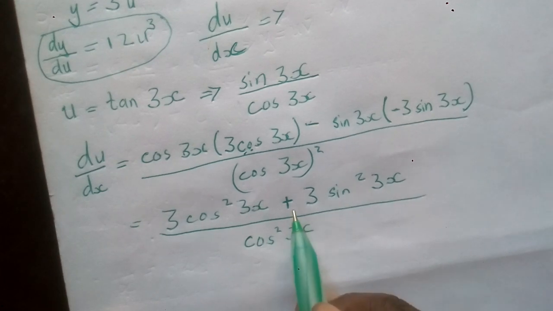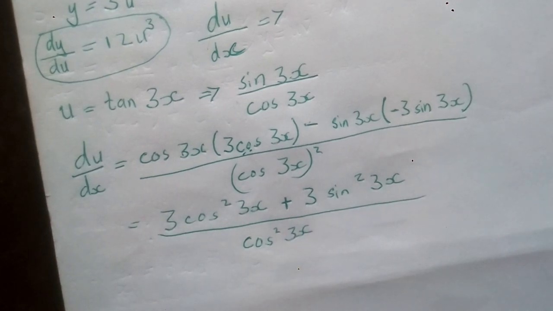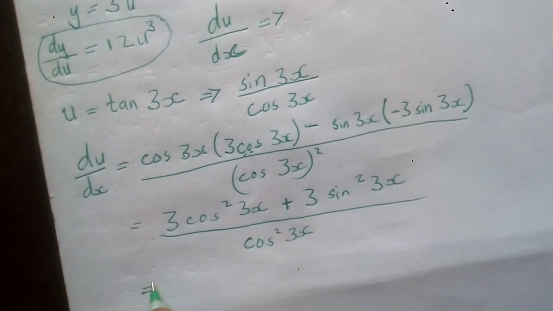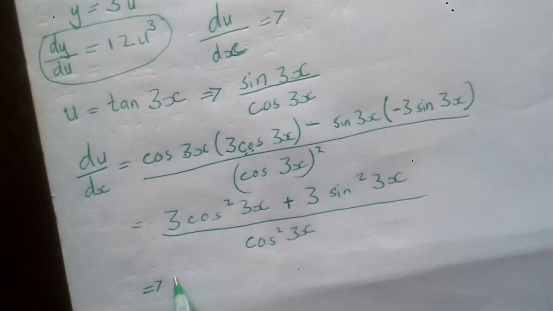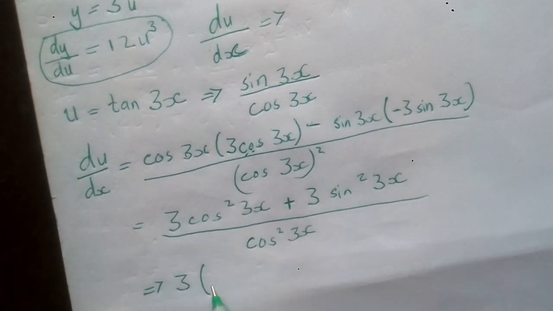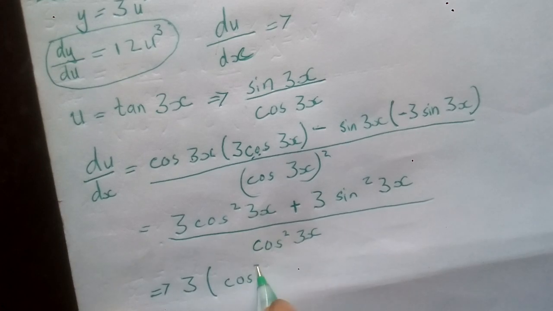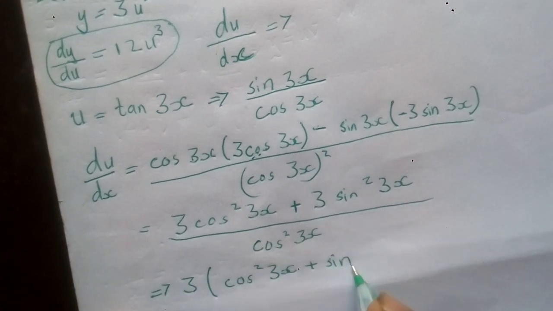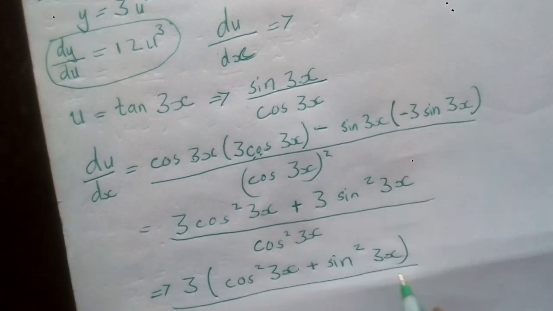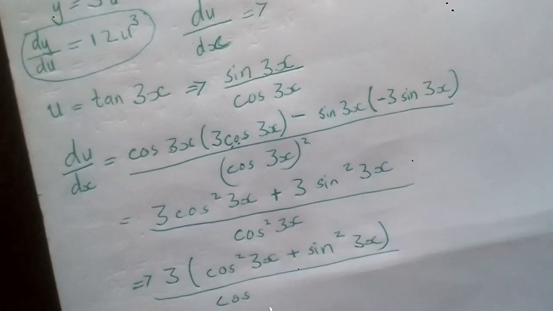So let us put the bracket. This will be 3 into cos squared 3x plus sine squared 3x all over cos squared 3x.